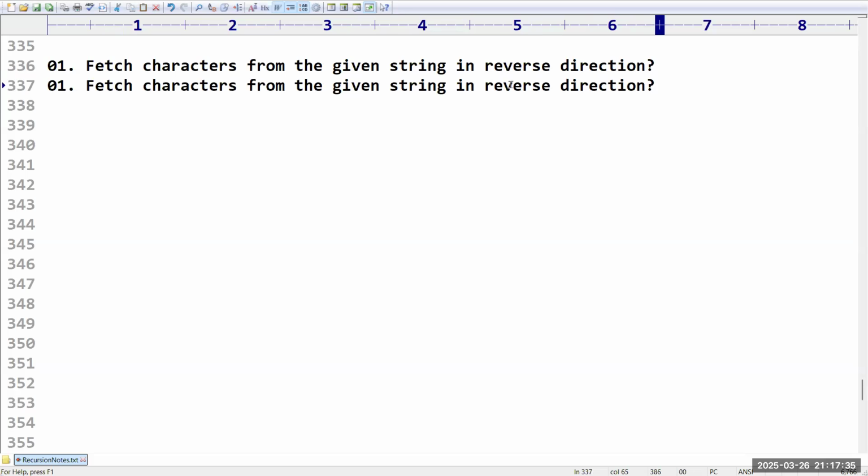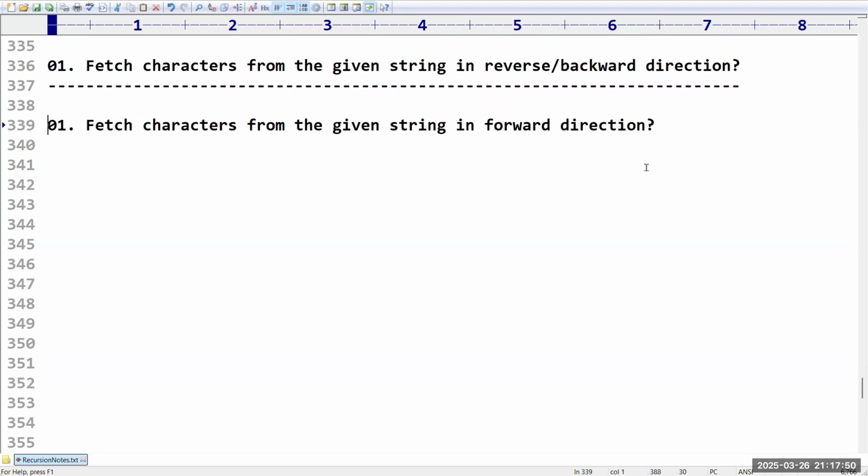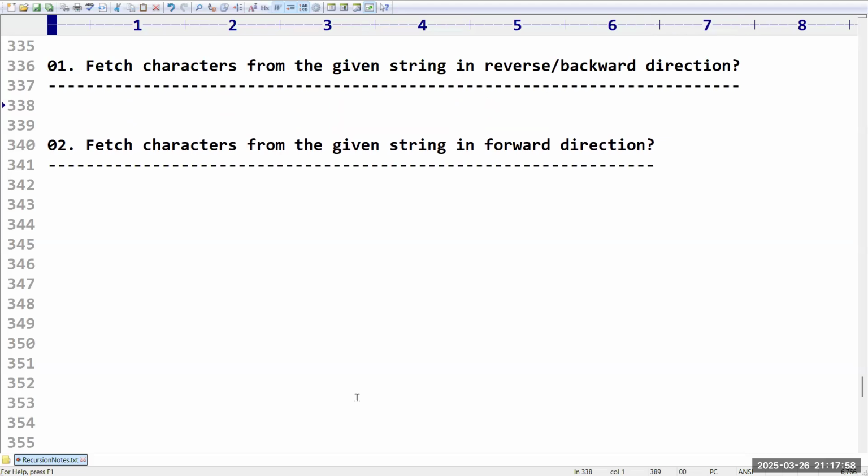After this, we will see how to print in forward direction. Reverse or backward, we can use any word. First we will see how to print those characters in reverse direction. After covering this application, if you interchange the same application, you will get the forward direction. Let us see these two applications now, sir.